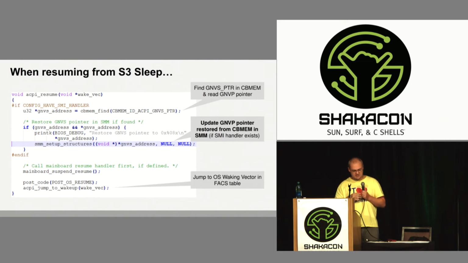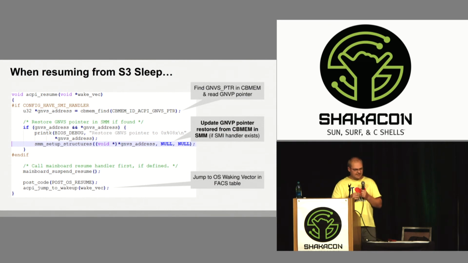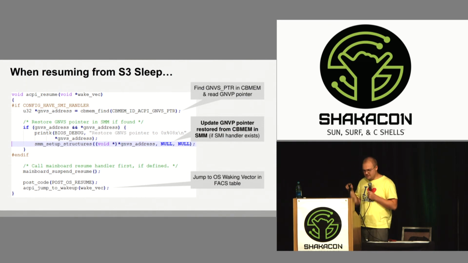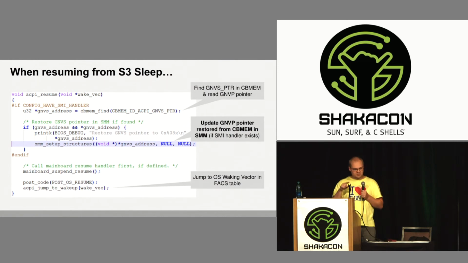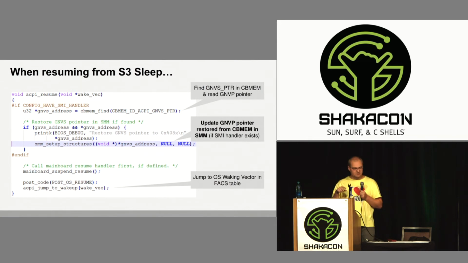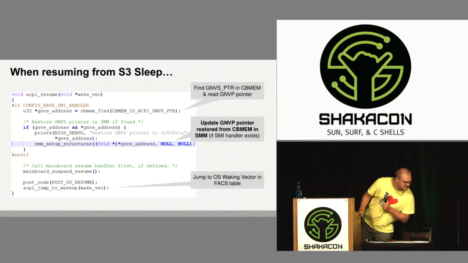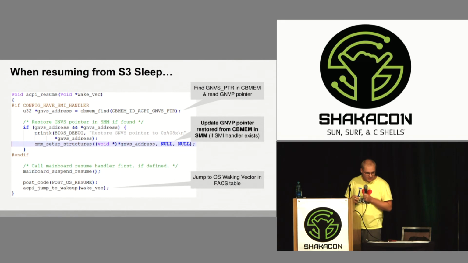So in this specific example, we see that during the S3 resume, it calls the ACPI resume flow, which runs the function acpi_resume, which tries to find the pointer to the GNVS structure in CBMEM, and then it passes this pointer to the SMM setup structures function, and then it just calls the reset vector.